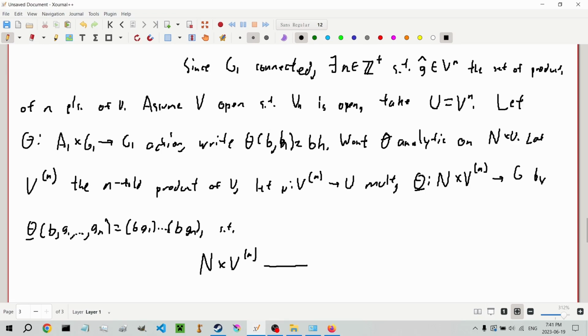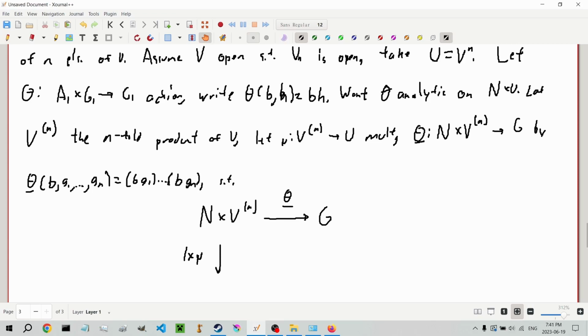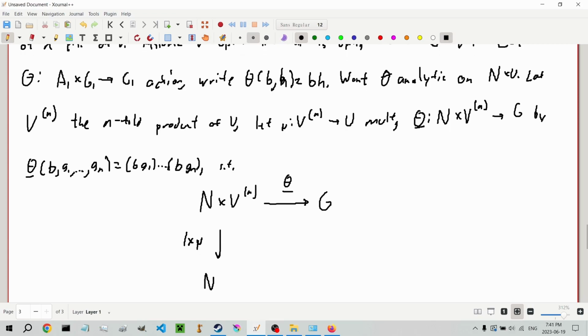This theta underscore action is going to take it to g, as we saw. We can also apply mu to the right hand side, which is our multiplication, to give us an element of n times u, and this will actually end up just agreeing with our theta.